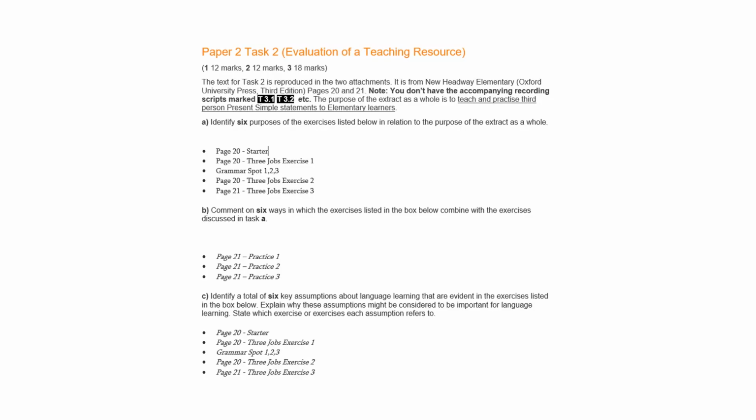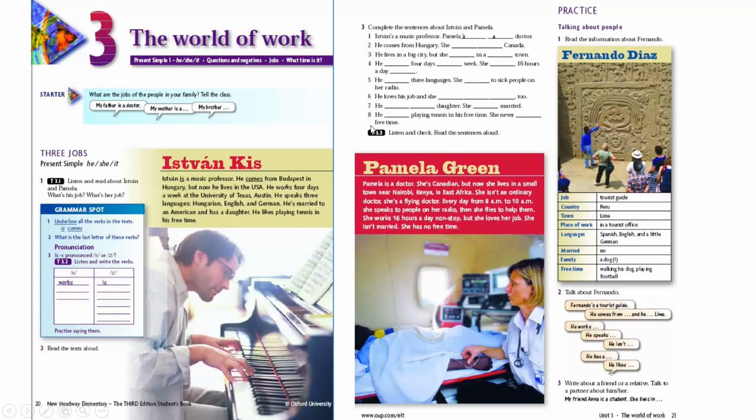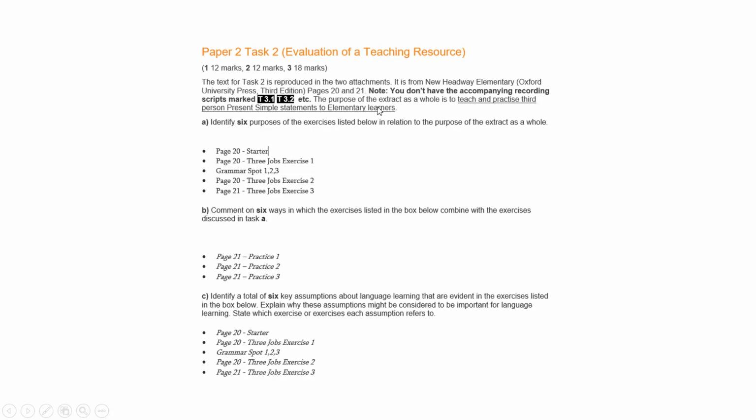You need to think about the purpose of the extract as a whole lesson. For example, in this lesson plan, the target language is to teach and practice third person present simple statements to elementary learners. So everything has to be linked with the whole extract, not just one particular exercise. So don't make the same mistake.